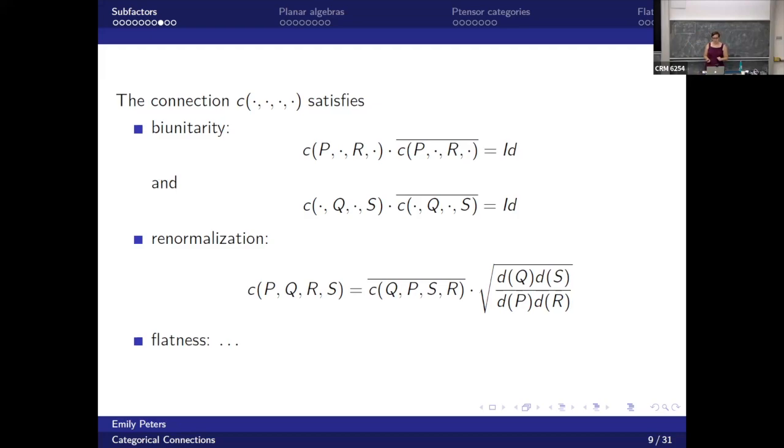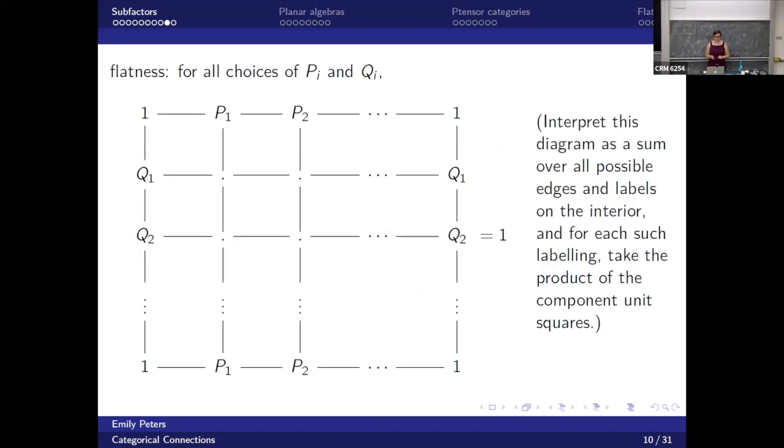These are reasonably straightforward to calculate. The difficult condition is this one called flatness. I'm going to put this up here. I don't expect it to be super illuminating because it wasn't the first time I looked at it. Part of the impetus for this project was that I would really like to understand what this condition flatness is saying. What you're supposed to do here is imagine that we've chosen bimodules Pi and Qi.